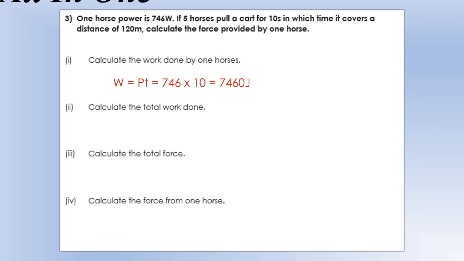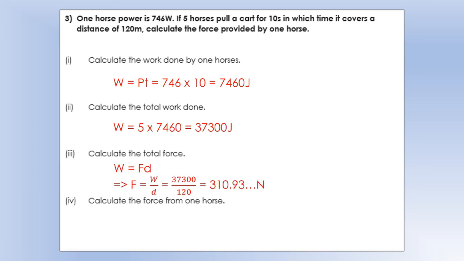In this scenario, we're transferring energy by doing work, so I've replaced the E with a W. If we do power times time, that means the horse has done a total work of 7,460. 5 horses, we multiply that by 5. To get the total force, we're going to do work done divided by the distance. And then we want the force from 1 horse, so we're going to divide that by 5, and that completes looking at this question and looking at work and energy.